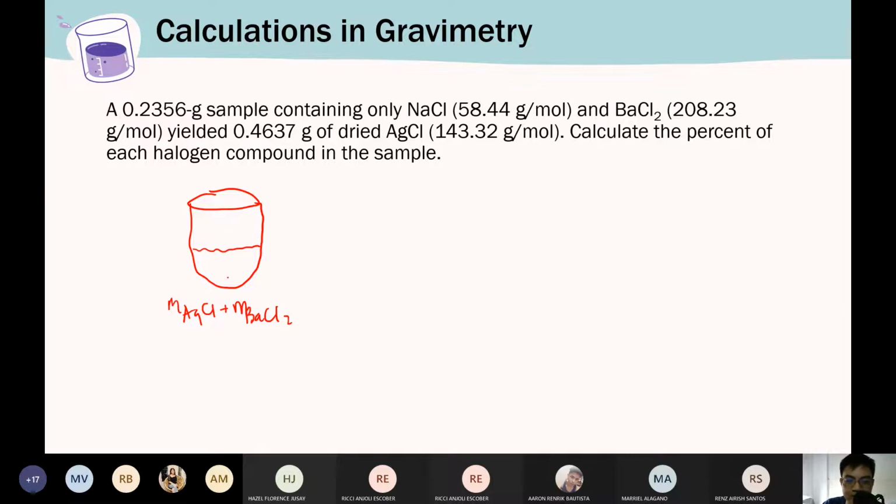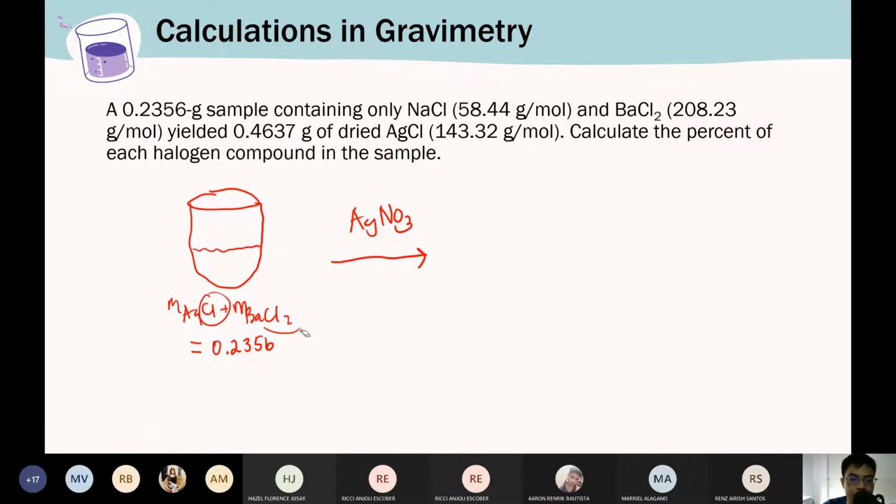So there is a mass of NaCl, which we don't know, and a mass of BaCl2, which we also don't know. But what we know is that their total mass is 0.2356 grams. Then they were precipitated as AgCl, probably with the help of nitric acid and silver nitrate. You know that silver causes the chlorides to precipitate.